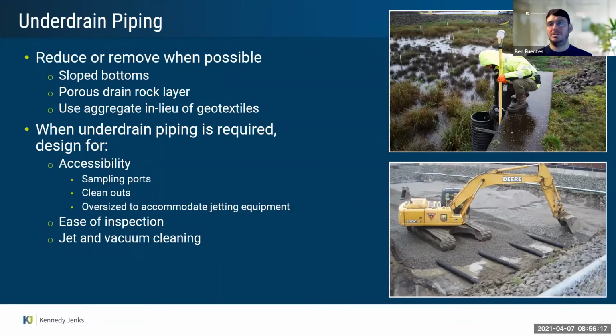You want to make sure that your underground system is fully accessible for ease of inspection, sampling if you're interested in doing that, and then long-term cleaning, getting a jet hose and jetting and vacuuming of the lines.